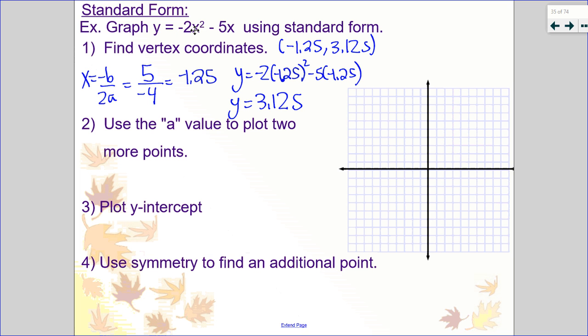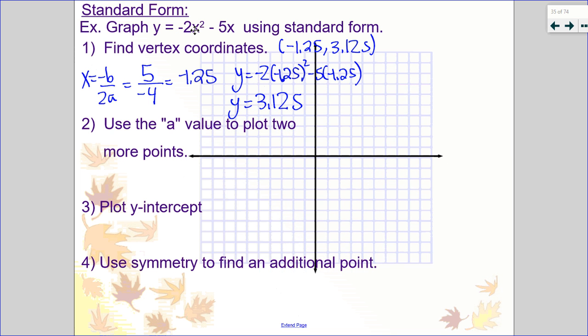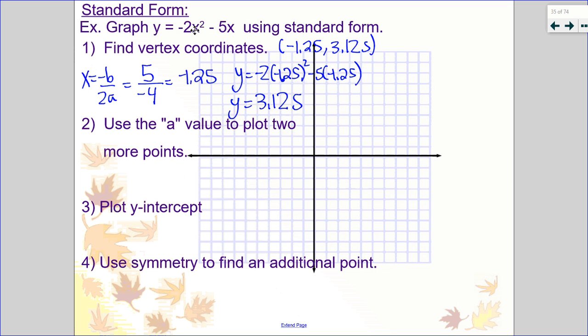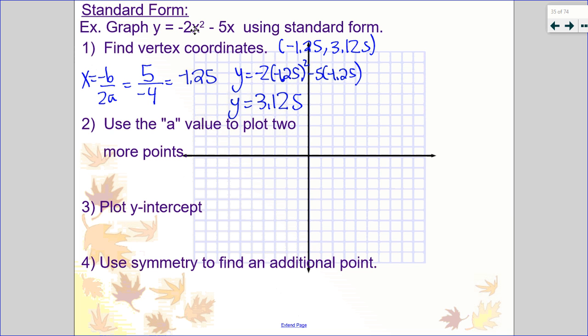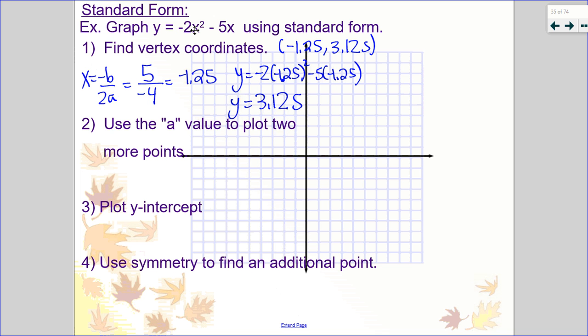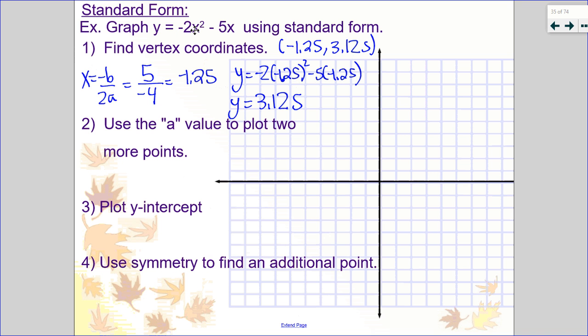So I'm going to throw that on the graph. I'll make my graph a little bit bigger. Okay, so negative 1.25, positive 3.125, so about right there. And then a is negative 2.